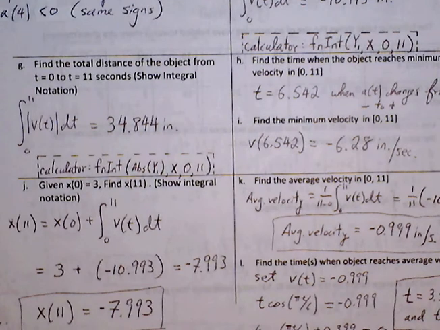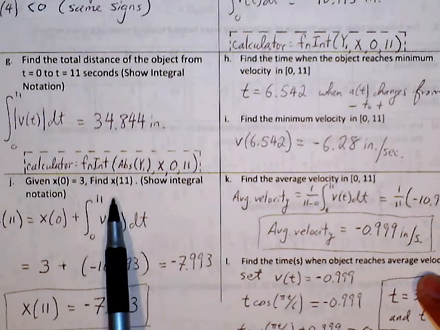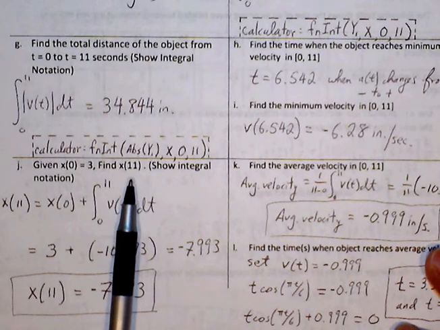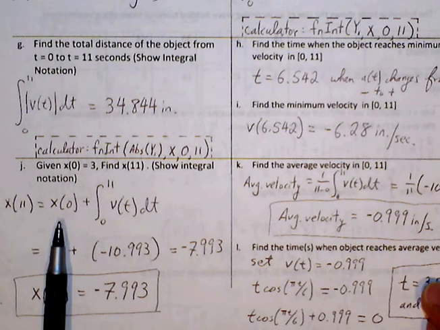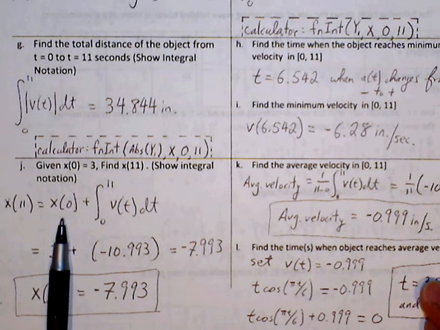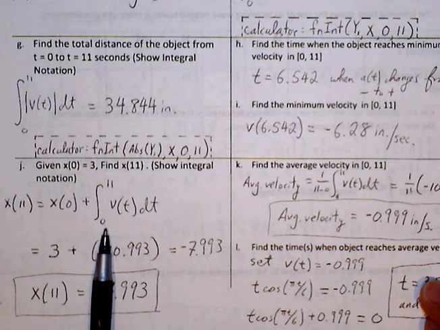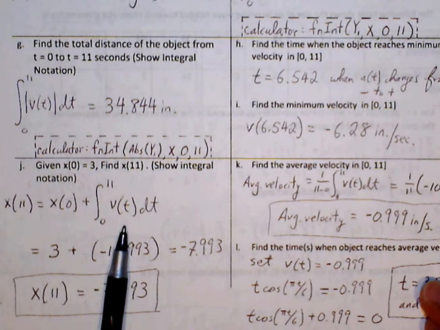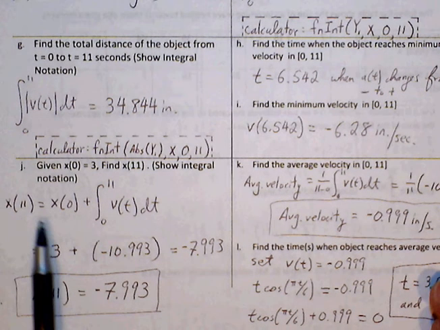Okay, part J. Given x sub 0 equals 3, find x sub 11. So we want to find the position at time equal to 11. To do that, we first need to identify our starting location, which is x sub 0, plus the definite integral from 0 to 11. So the displacement from our starting point will give us our end position at 11 seconds.